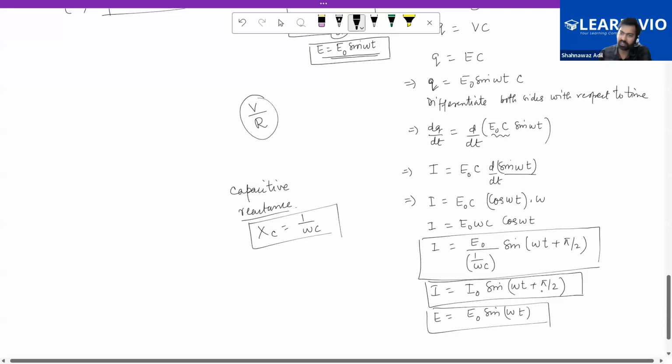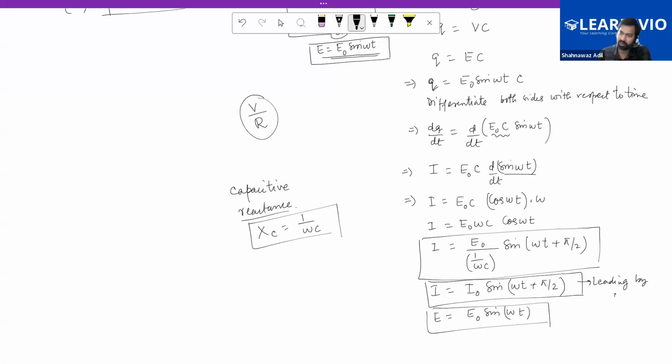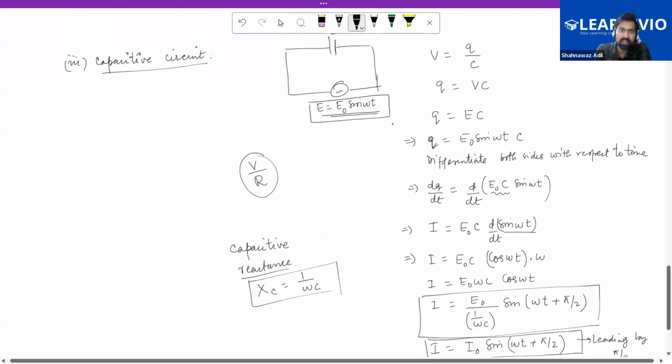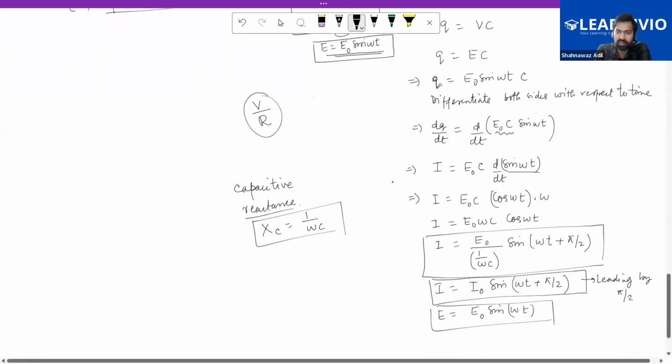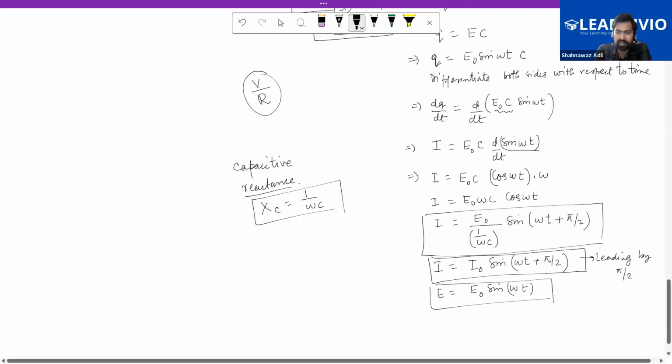So we see that the current is leading by pi by 2, right? So yeah, the derivation is not important. I just wanted to recap. You guys have learned this in your 12th standard, right? So this is how we get that the current is leading in the case of a capacitor.